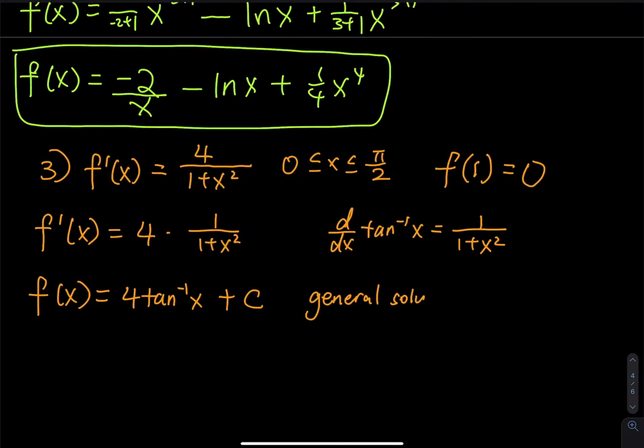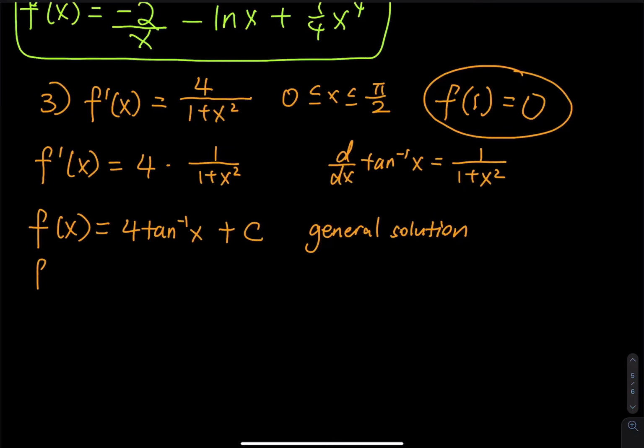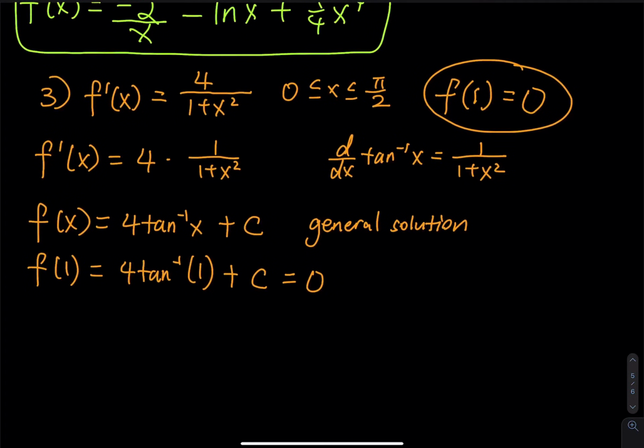And then for a particular solution, I have to use f of 1 equals 0. So we have f of 1 equals 4 times inverse tangent of 1 plus c equals 0. And then the inverse tangent of 1, so we have tangent of pi over 4 equals 1, right? Do you still remember your unit circle?